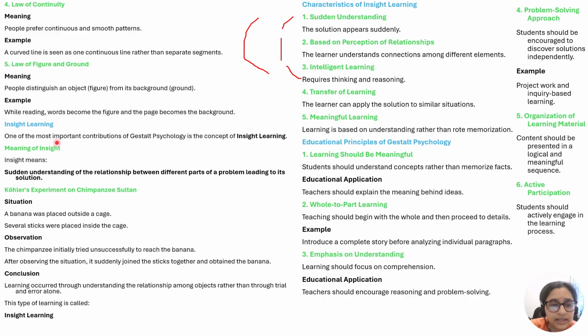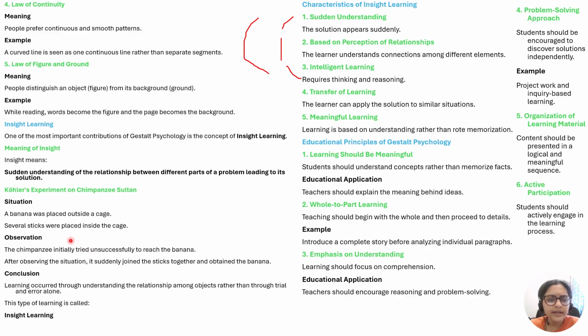So insight learning is one of the greatest contributions of Gestalt psychology. What is insight learning? Students understand the relationship between different parts of a problem, leading to its solution. If a problem is there, it is divided into parts. They analyze each part, combine them together and derive a solution. The scholar performed an experiment on a chimpanzee named Sultan.